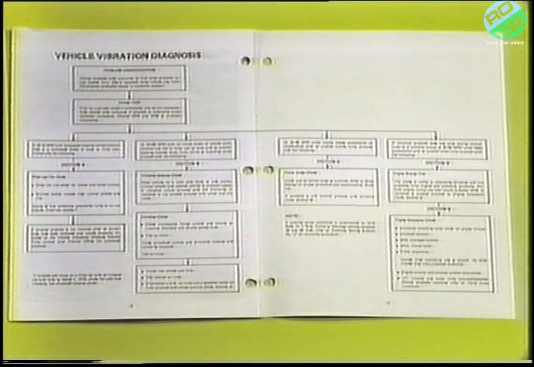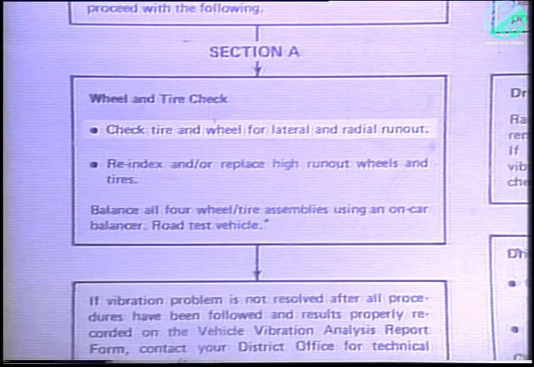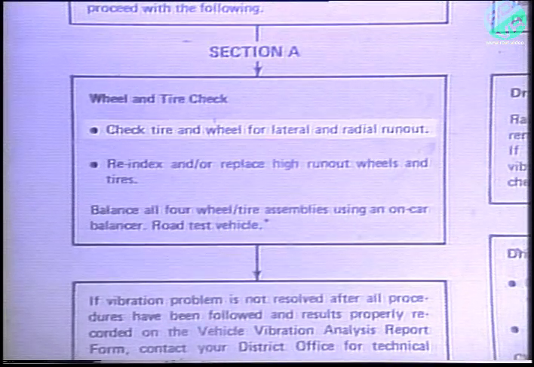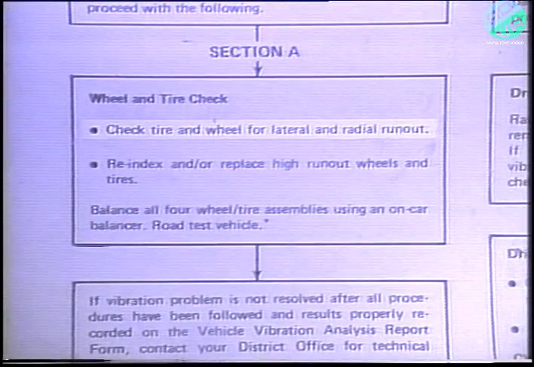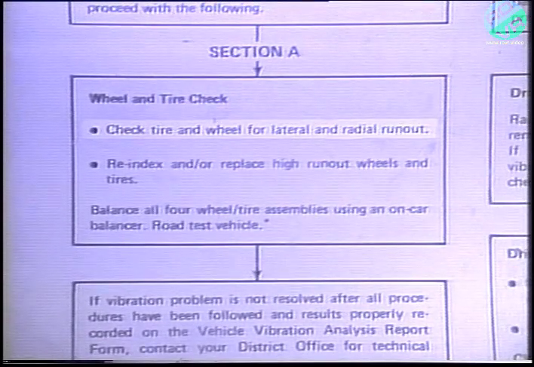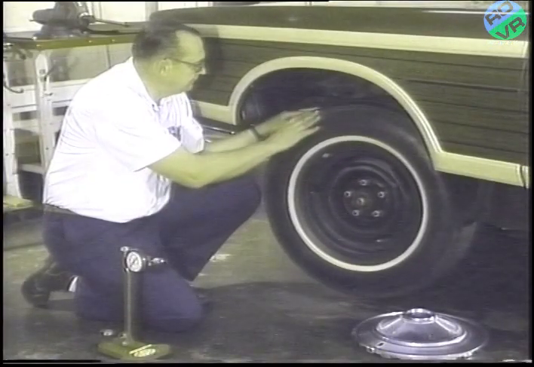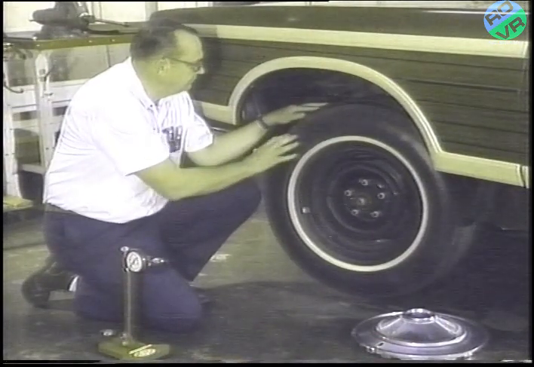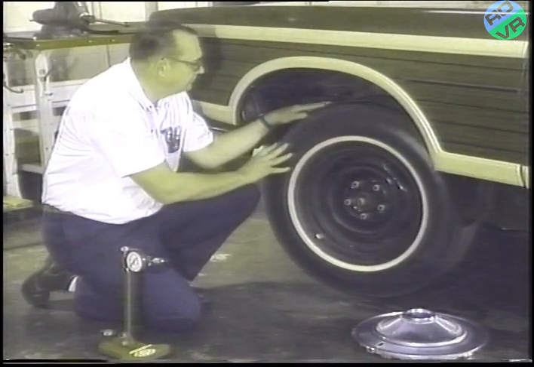Once you've determined that the problem originates with the wheels or tires, proceed as suggested under Section A of the Vehicle Vibration Diagnosis Guide. That is, check the tires and wheels for lateral and radial runout. Before measuring a wheel assembly for lateral or radial runout, check the tire for misalignment wear marks like cupping or scalping.